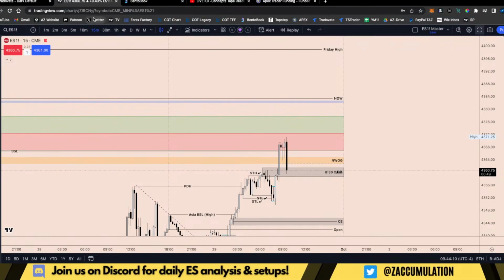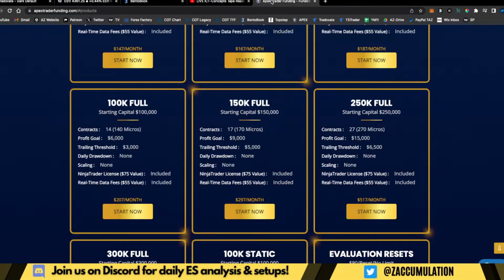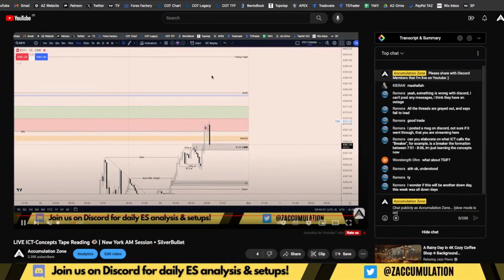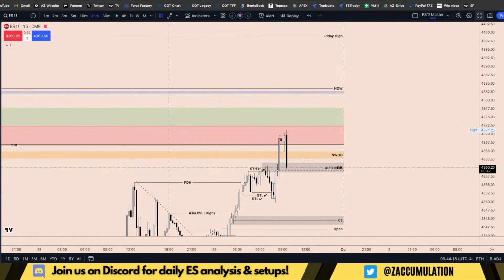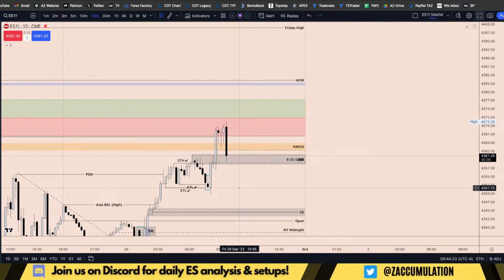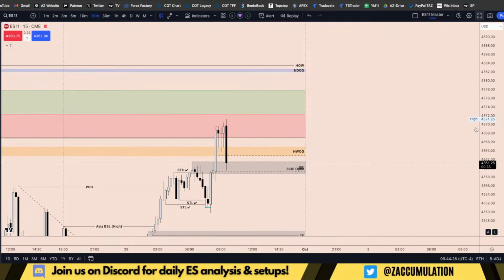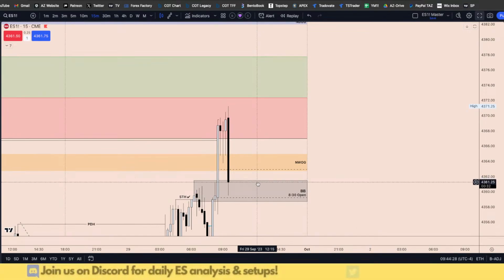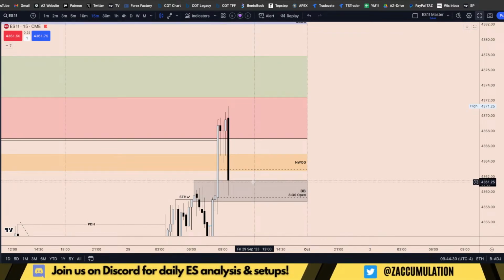Alright, 50 seconds for this candle to close. Where do we close? Do we close below the 15-minute bullish fair value gap?